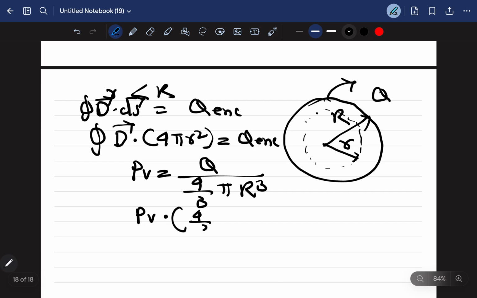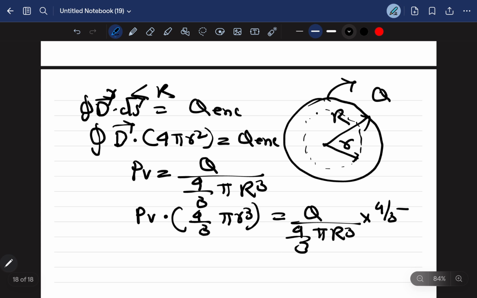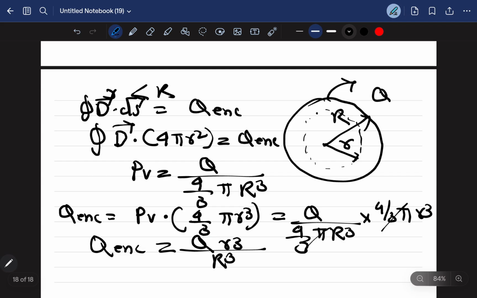Now this cancels, so the value is Q r cube by R cube. This is the charge enclosed by the Gaussian surface.